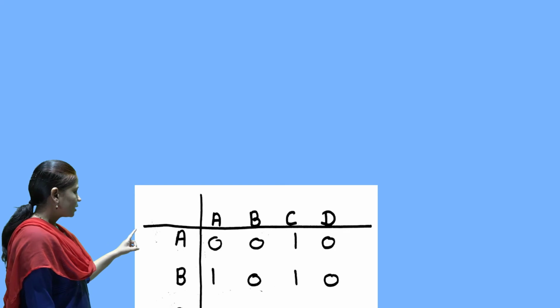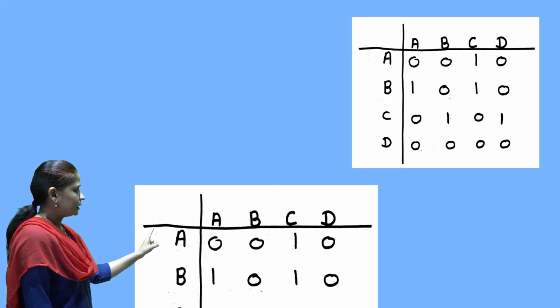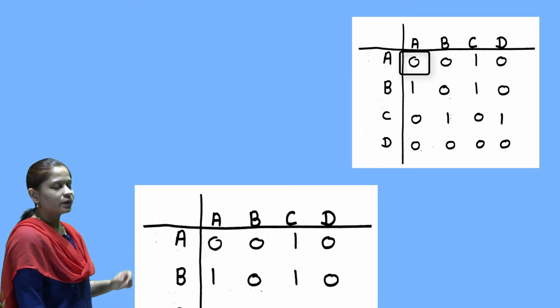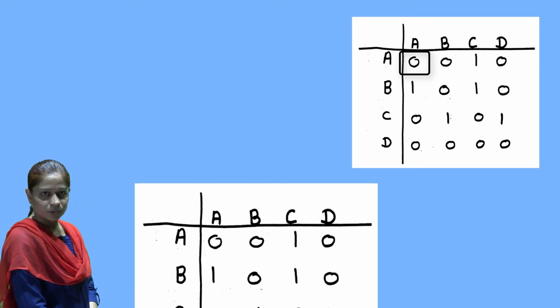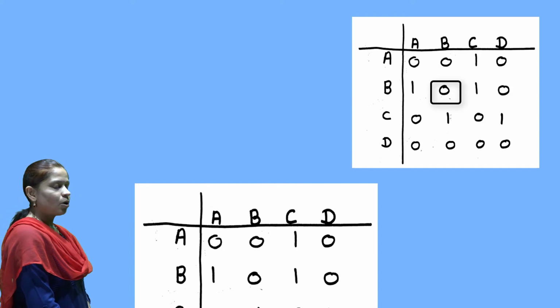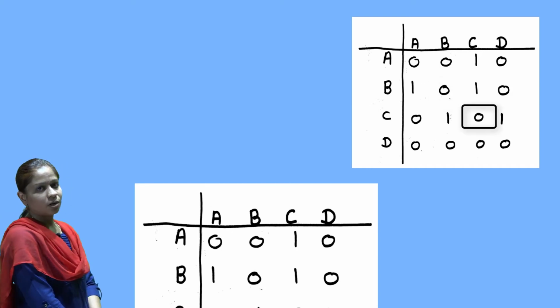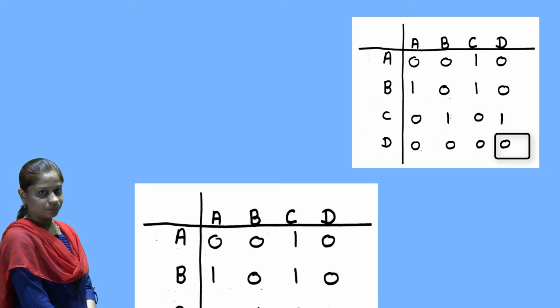Therefore, A in A will be 0. B cannot pass the ball towards B, so there will be a 0. C cannot pass the ball towards C, so it will be 0. D cannot pass the ball towards D, so it will be 0.